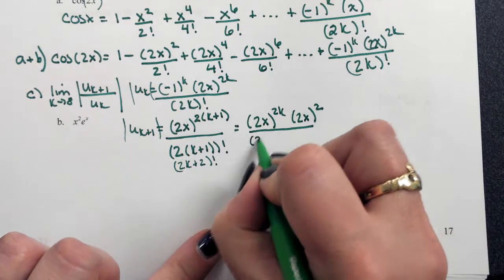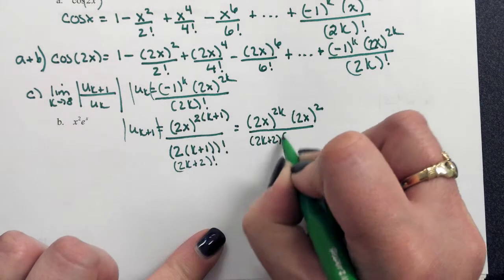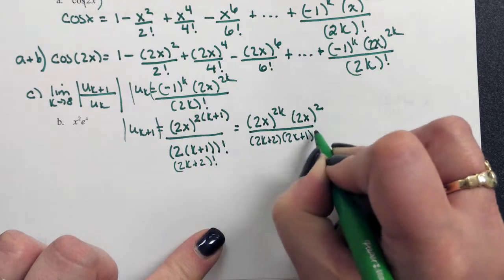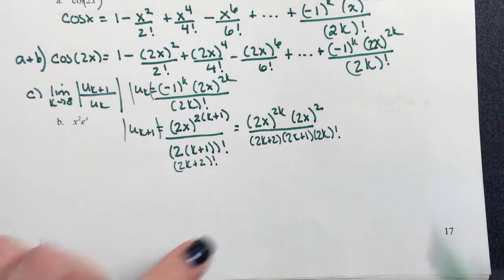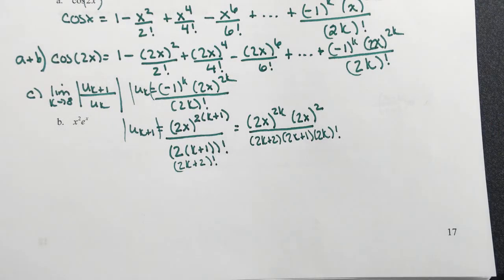So I can rewrite this as 2k plus 2 times 2k plus 1 times 2k factorial. So I'm keeping an eye on my original to see what I'm going to eventually want to cancel out. So I know I'm going to want to break that factorial in the denominator down to a 2k factorial. So any questions on how I found the u sub k plus 1?